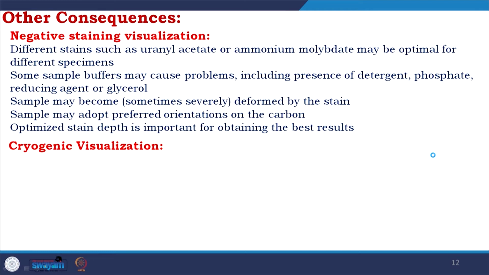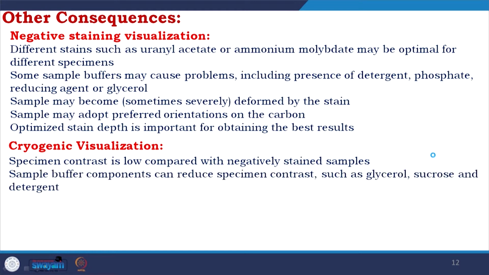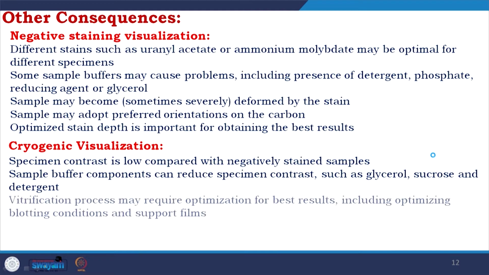For cryogenic visualization, specimen contrast is low compared with negatively stained samples. Sample buffer components can reduce specimen contrast such as glycerol, sucrose and detergents. Vitrification. Vitrification is a process which is key to cryo. We will talk about that.